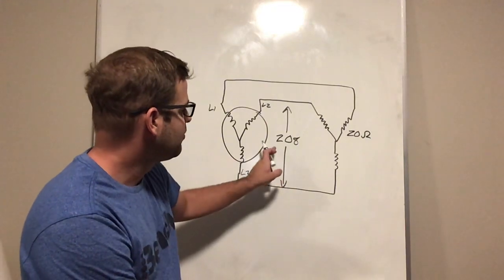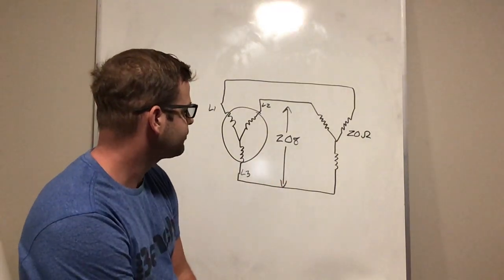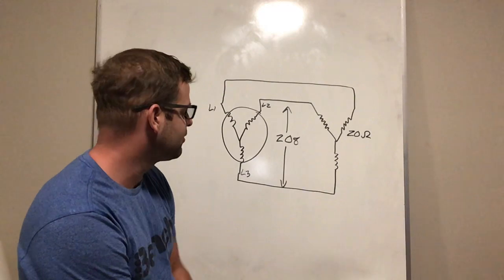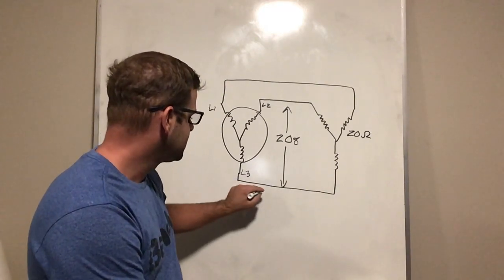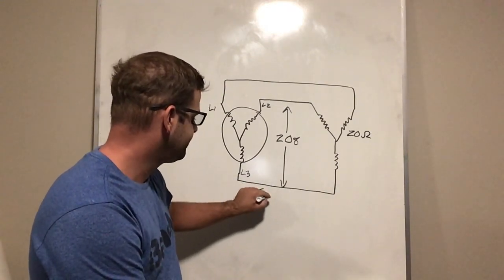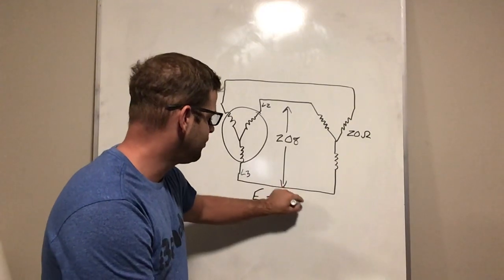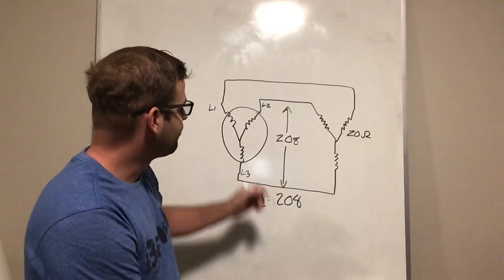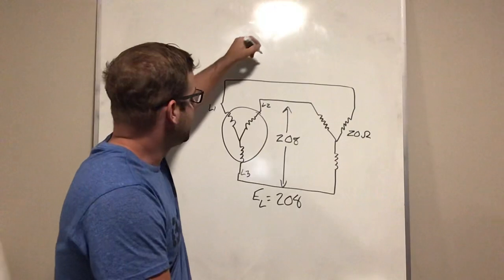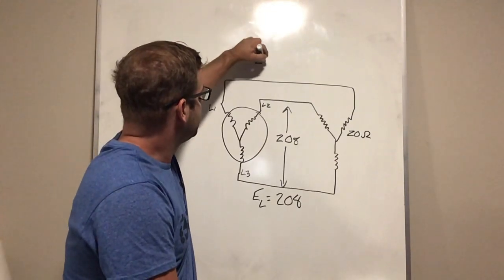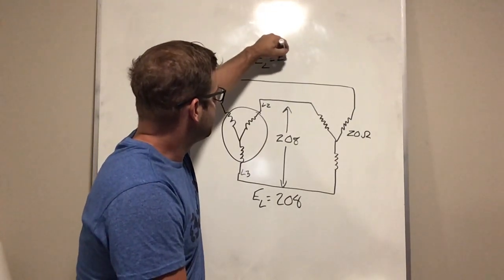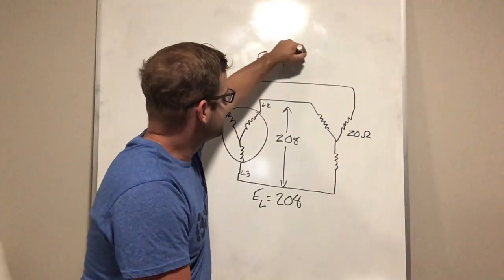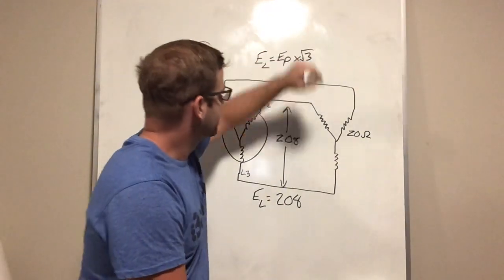So we have a line voltage of 208 volts. So E line is equal to 208 volts. And from the formula that we had seen before, we had E line is equal to E phase times root 3.